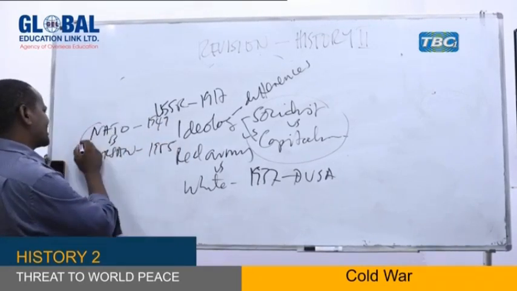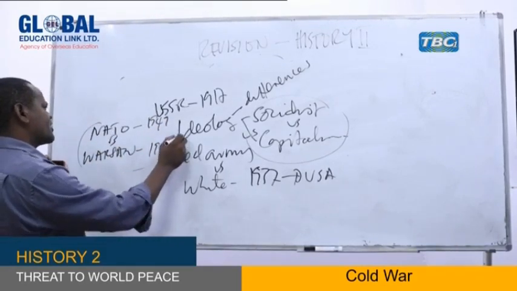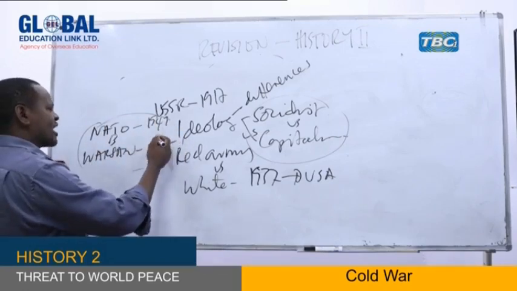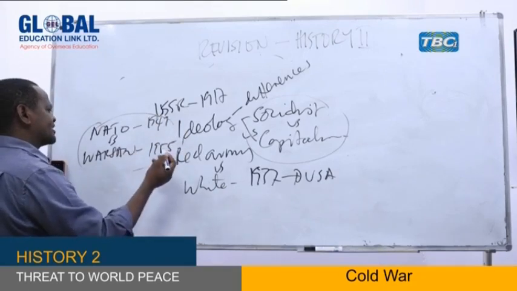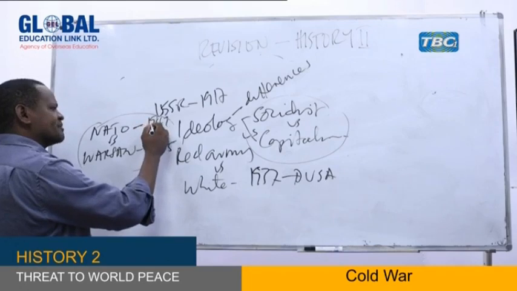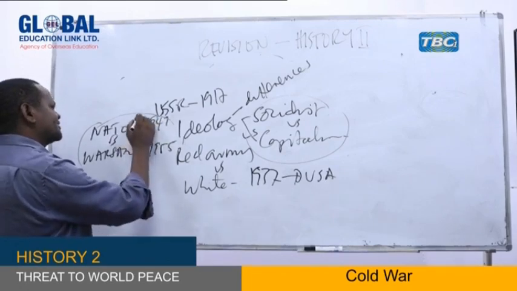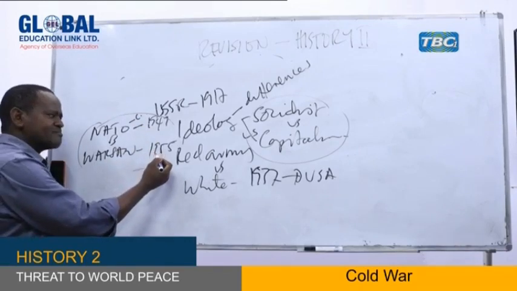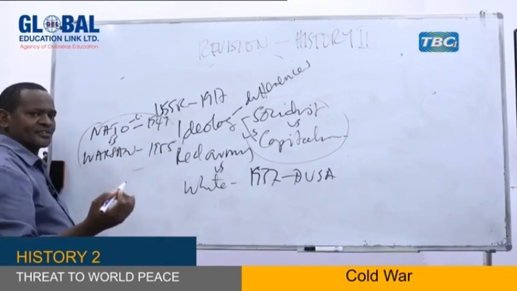These two military organizations were established for the purpose of defending the ideologies of these countries. For instance, NATO was established by Western countries led by the USA to defend the capitalist ideology. And the Warsaw Pact was established in 1955 by the USSR to defend the socialist ideology.